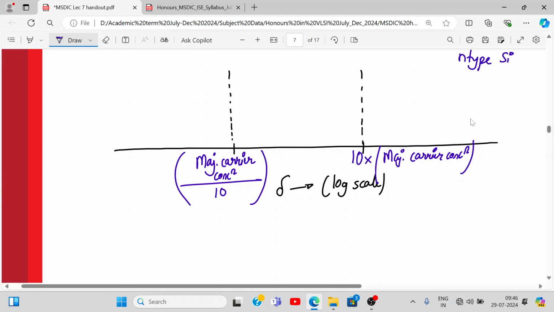So this level will be high level injection. Short form HLI. If majority carrier concentration is divided by 10, then it is called low level injection.